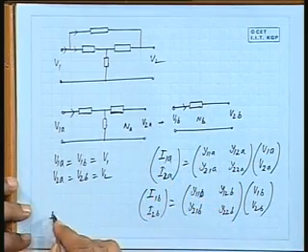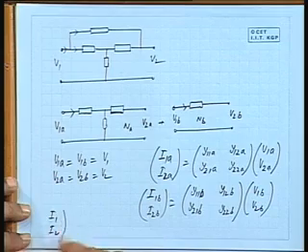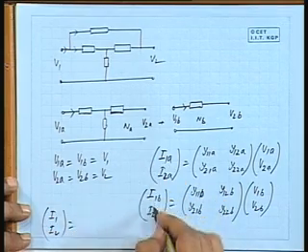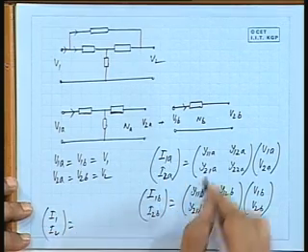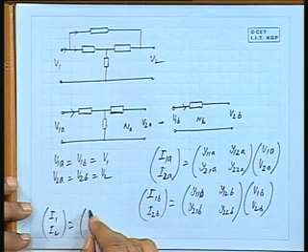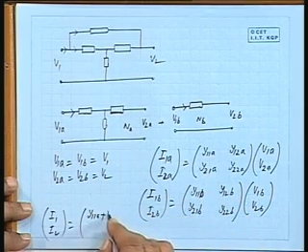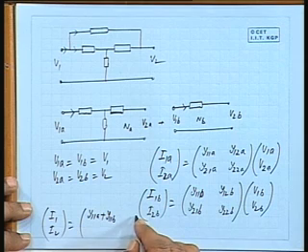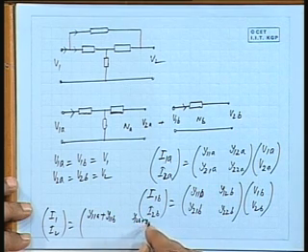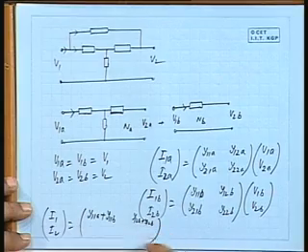So I1, I2, which is nothing but this plus this, will be equal to Y11A plus Y11B. Similarly, Y12A plus Y12B, and so on.